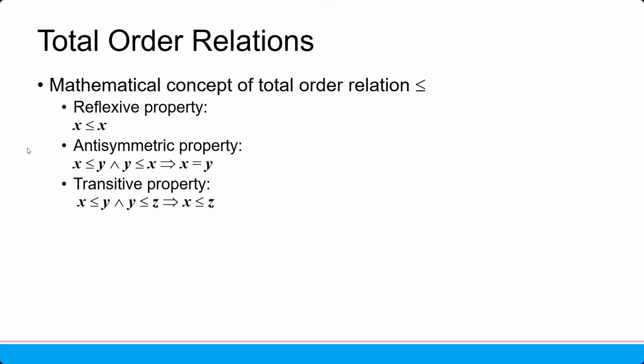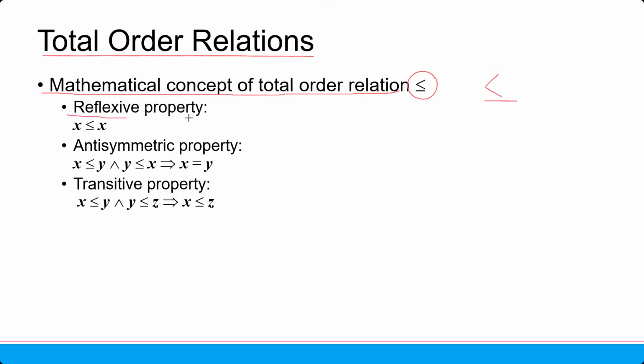Before we do the binary search tree, we need to understand what is the total order relation. The total order relation is a mathematical concept, and we usually use this symbol, less than or equal to.